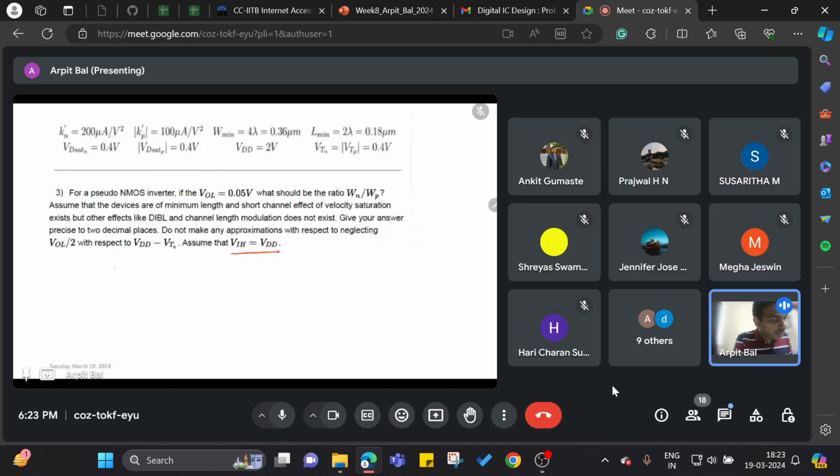Let me draw a pseudo-NMOS inverter. And this is my input A. The first thing that I need to do is figure out the region of operation. What is VGS for the NMOS transistor?